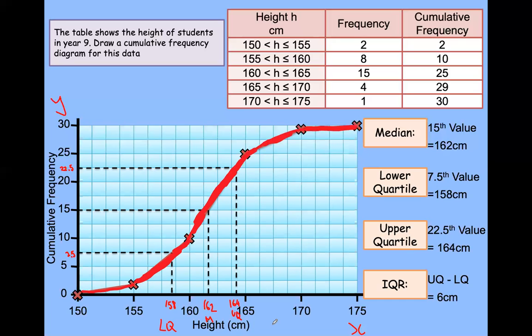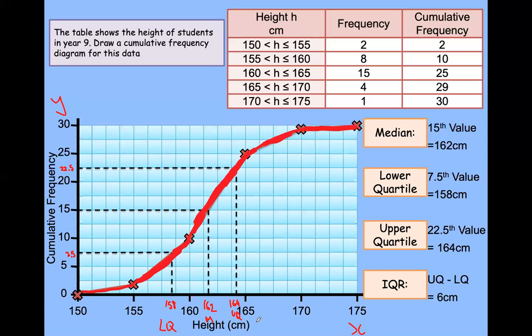And when you join the points that you plot, join them carefully with a smooth line. Remember, the more accurately drawn the graph is, the better estimation of the values of the median, lower quartile and upper quartile you are going to have, and better marks in the test, if you see the test.